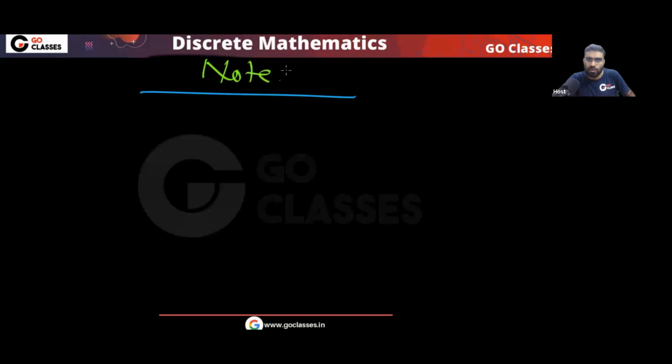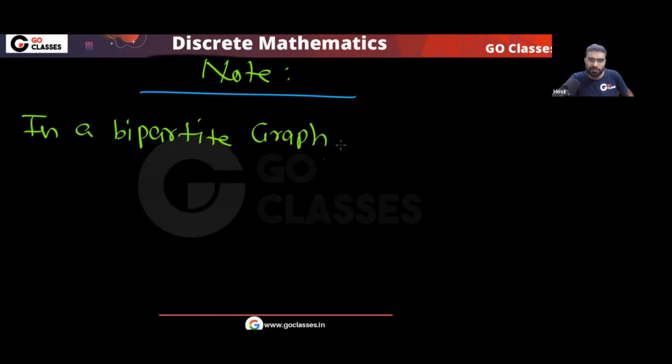So if there is no odd length cycle, it means there is no triangle also.